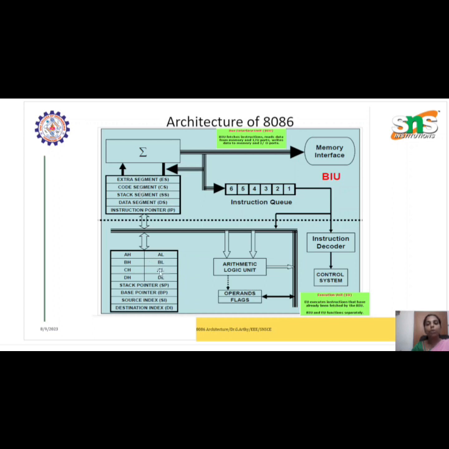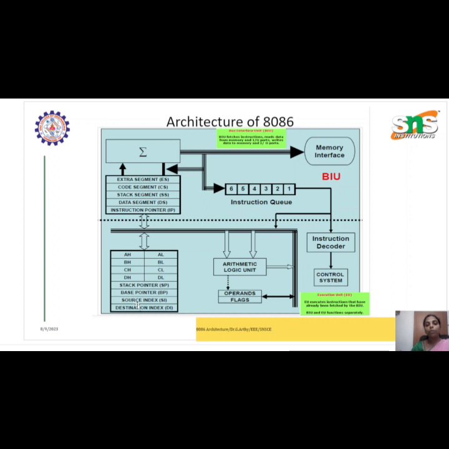Now coming to the lower half, here we have 4 general purpose registers: A, B, C and D. These 4 general purpose registers can be used as either 4 16-bit registers or 8 8-bit registers. Next we have the stack pointer, the base pointer, the source index and the destination index.